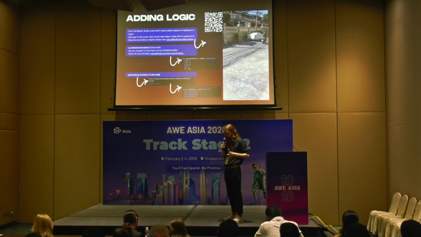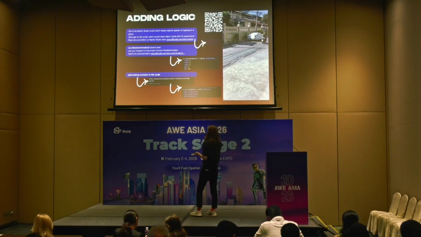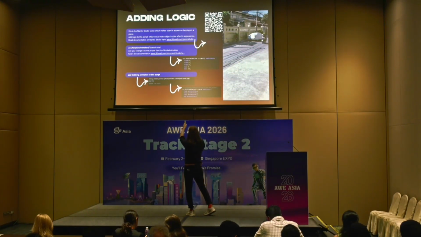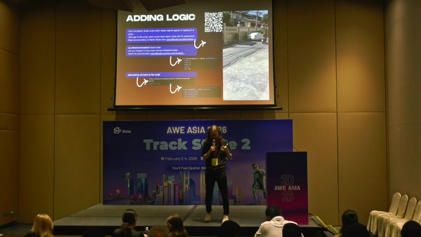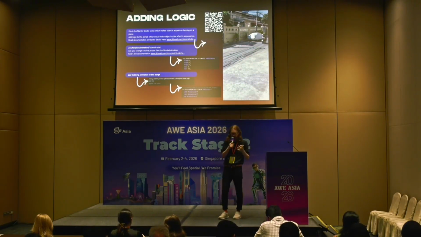Cursor understands the context, so sometimes you don't have to explain extra things. An example of that: I asked, can you add bobbing animation to the script? In the past, I didn't even know what bobbing animation is. It's when you have an object hovering up and down. I wanted to test if Cursor would understand what it is. And it actually did.